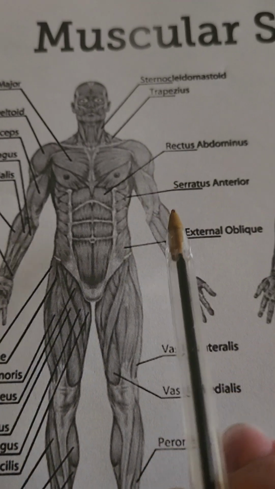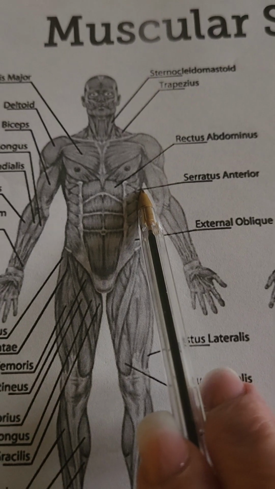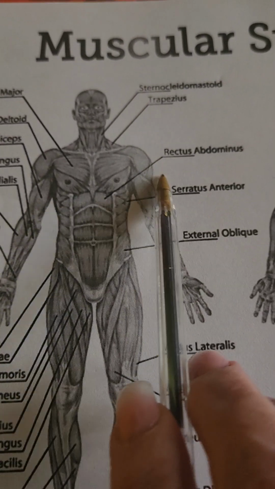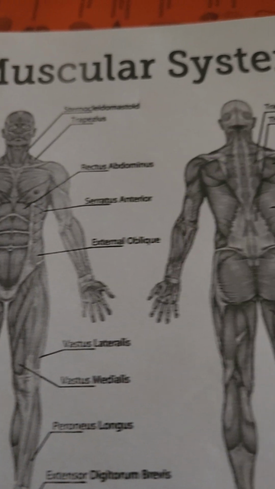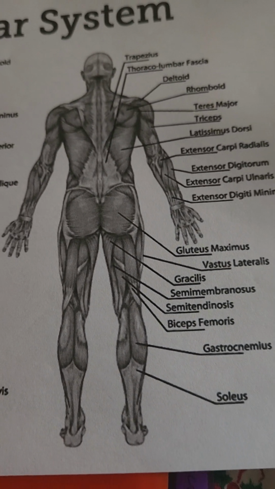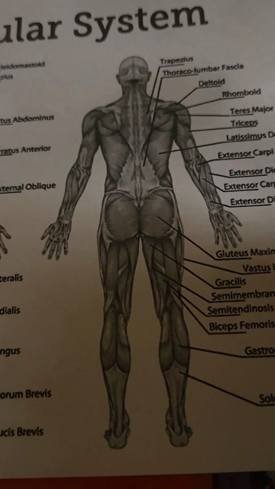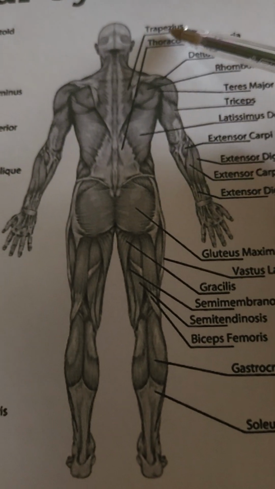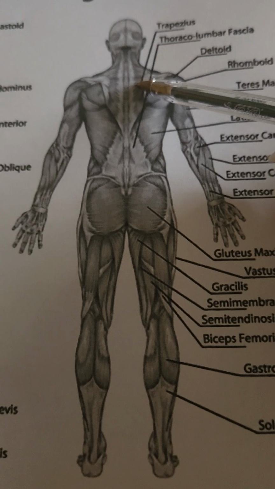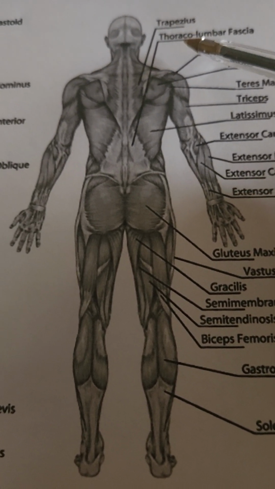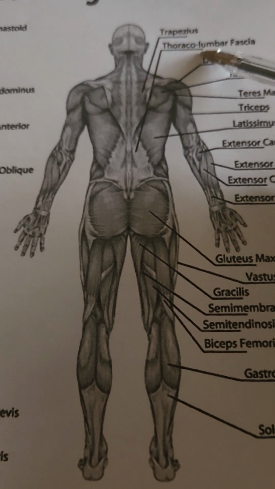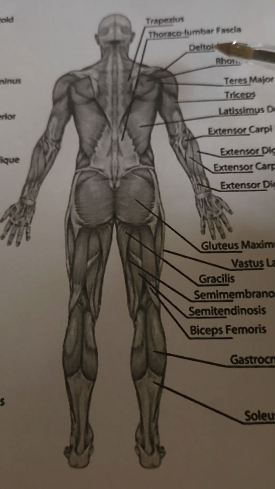External oblique again. Serratus anterior, so we know that's in the front. Rectus abdominis, right here. This is the posterior. We're looking at the back of the person. Your traps once again here. This is thoracolumbar.